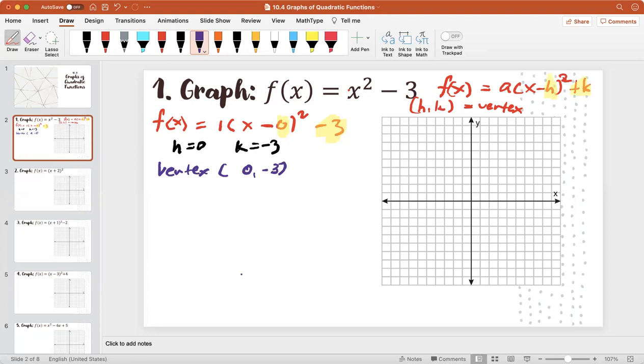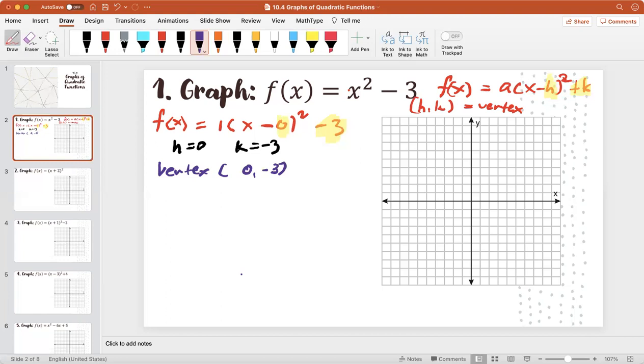So in that case, our intercepts could either be imaginary or irrational. Since we cannot factor it, we can find other points aside from the intercepts. And one of the points that we have here is already your vertex, (0, negative 3).